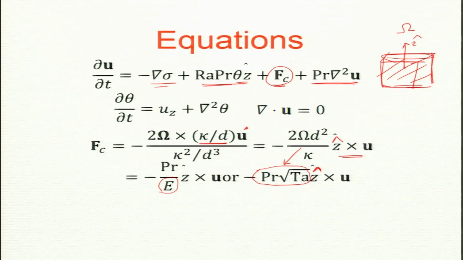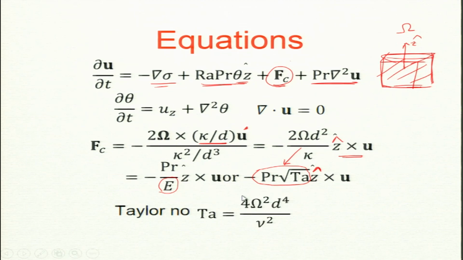Taylor and Ekman are related to rotation. For this lecture I will not go too much into detail. So, this number is exactly Prandtl times square root Taylor. Taylor is omega squared, not omega, so I take the square root. It is 4 omega squared d to the fourth by nu squared. That is called the Taylor number.